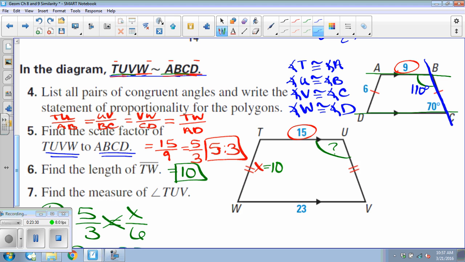This is 110, which makes this 110. So angle TUV equals 110 degrees. Any questions? No questions?